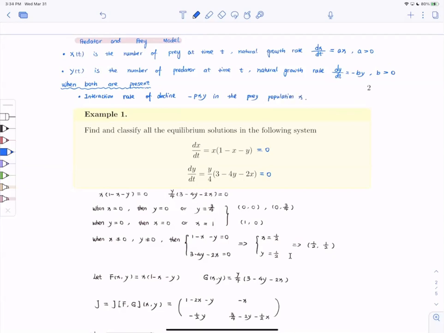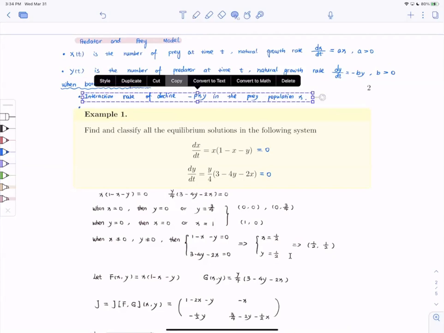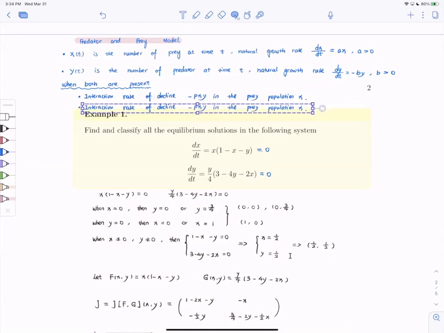Okay, and we know that the predator population is going to increase. So similarly, we have an interaction rate. I'm going to copy this and make some changes. Now it's going to be positive. So growth of qxy in the predator population y.